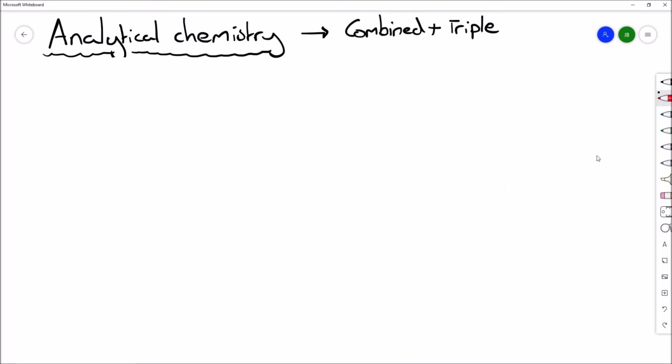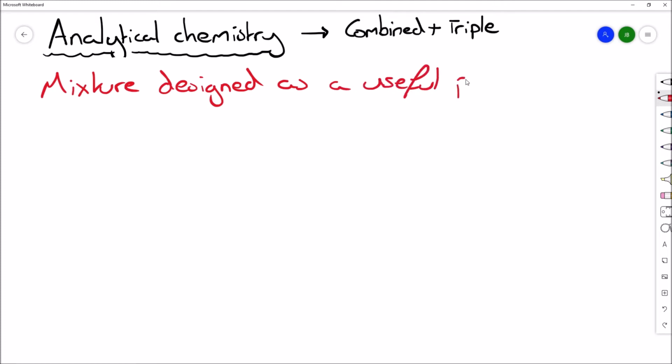So a formulation is a mixture designed as a useful product. So a good example you could think of is paint.